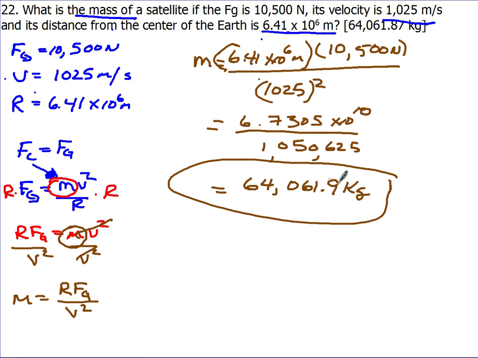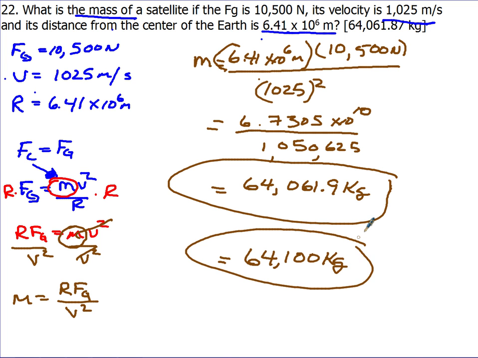We certainly have enough sig figs here. Realistically, if we were looking at sig figs, and we're really not, the most you could have is 3. So if I were picky, this would be 64,100 kilograms. But this is fine. Just don't give me everything in your calculator.